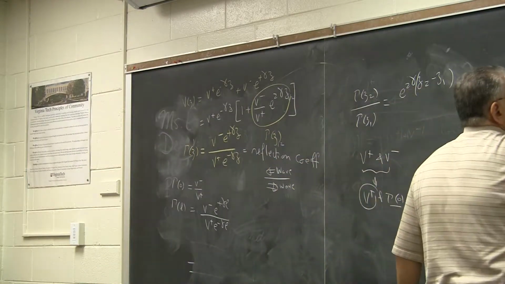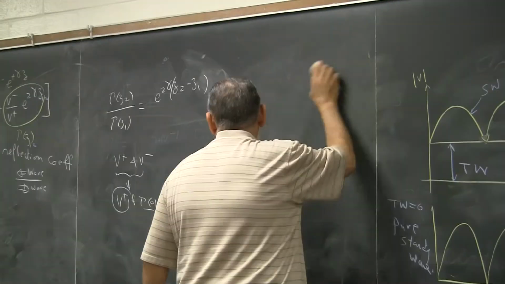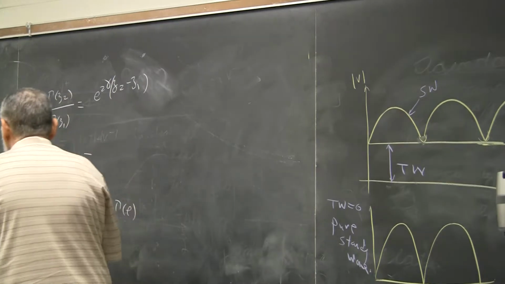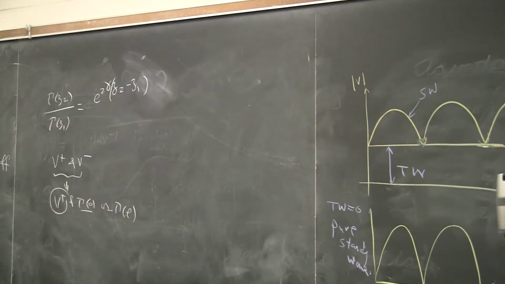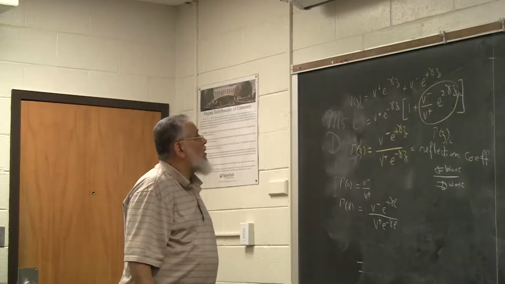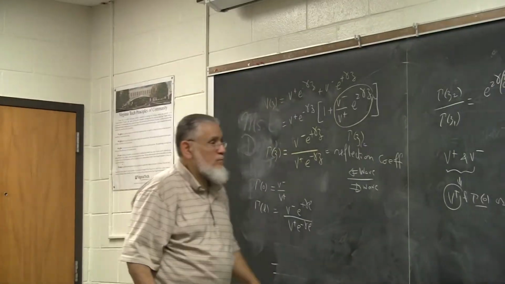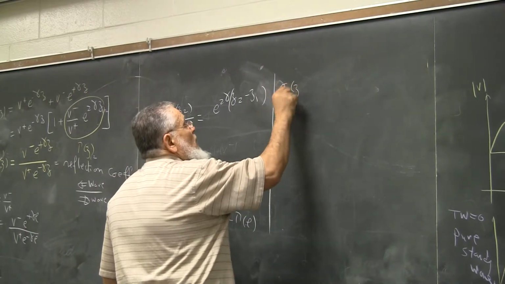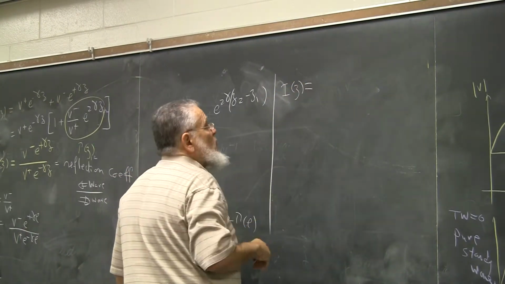One more thing we do. All these are mathematical games that we play that eventually are going to make the solution of the general case much nicer, much simpler. We write the I of Z. We can never get the full solution before we write the I of Z as well.